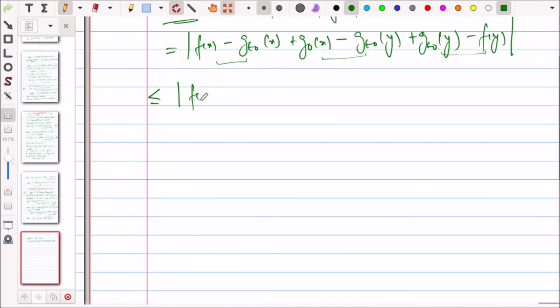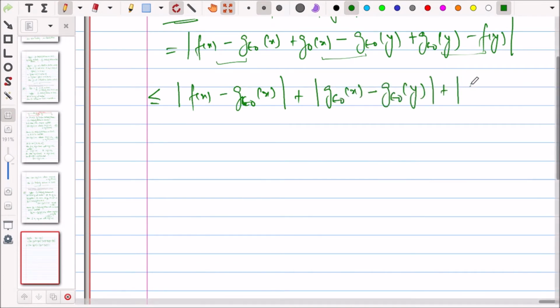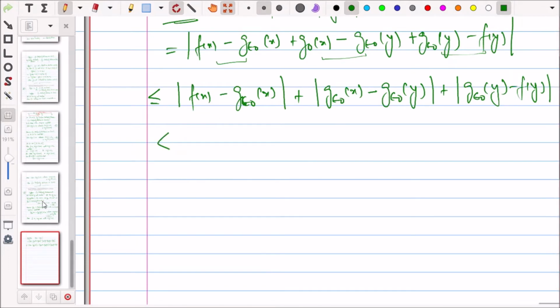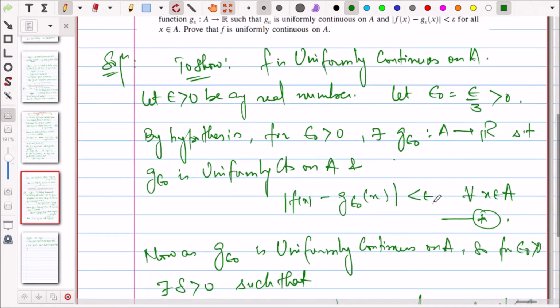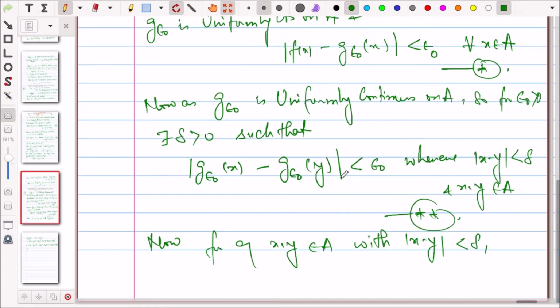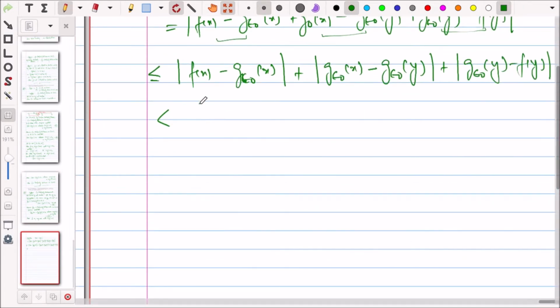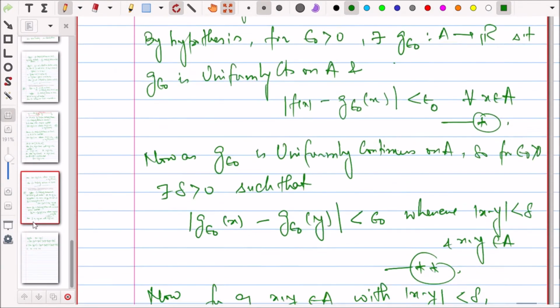So this is less than or equal to |f x minus g epsilon naught x| plus |g epsilon naught x minus g epsilon naught y| plus |g epsilon naught y minus f y|. Now from star we know that this is less than epsilon naught, also this is less than epsilon naught, and this one is also less than epsilon naught because x minus y is less than delta.